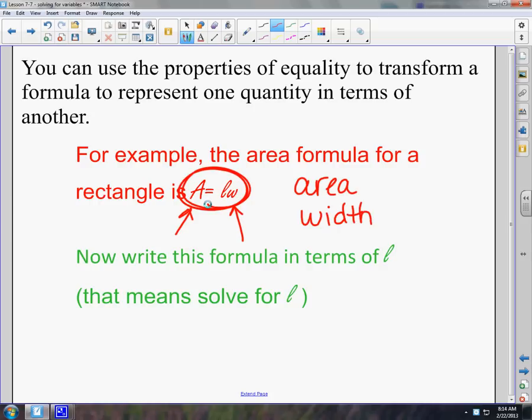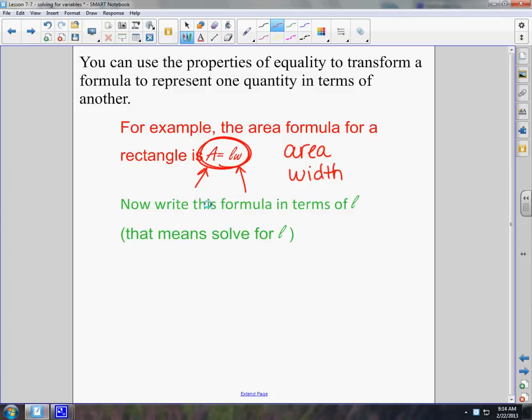Sometimes people can't just go and measure it. You have to know these two different things, and then you have to be able to figure it out. So how you would do this is, if I have area equals length times width, I want to get the length by itself. That means I would get rid of the width. To get rid of the width, what would I do to both sides?